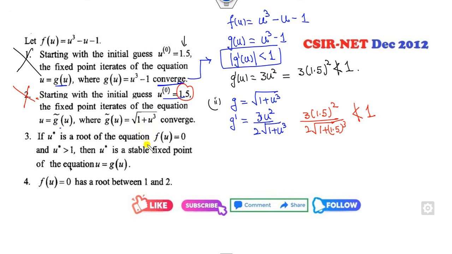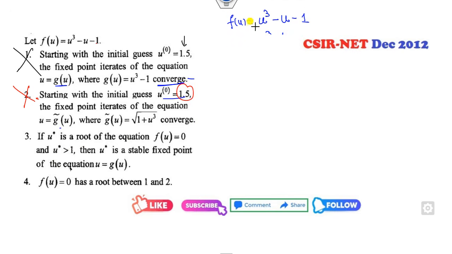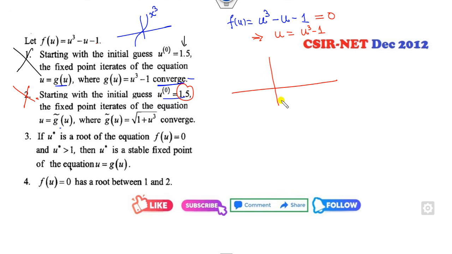u star is the root of the equation, so that means this is 0. Fine. If I look at it graphically, what is u cube? We know that this is the graph of x cube, and now it is x cube minus 1.